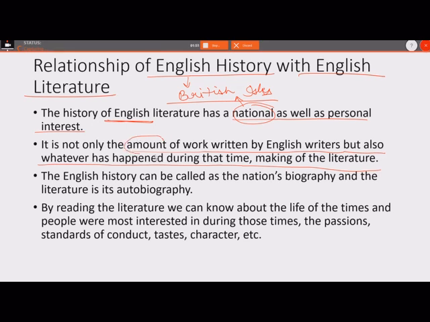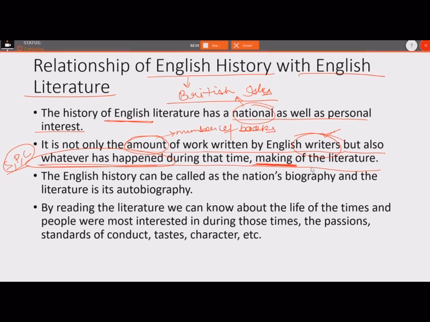When we say amount of work, it does not just mean the number of books which were written during that period, but it also means the English writers, their personality, like we talked about in the last lecture, and all the social, political, cultural movements that have taken place during that time, which have affected literature and helped make up the literature of a particular period.